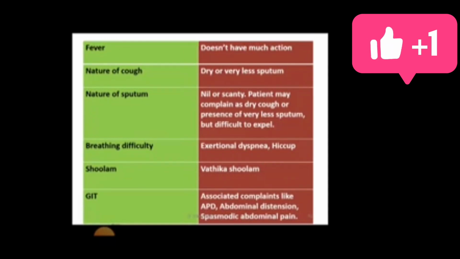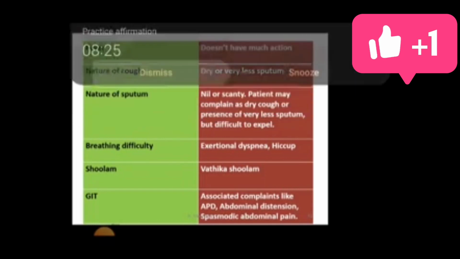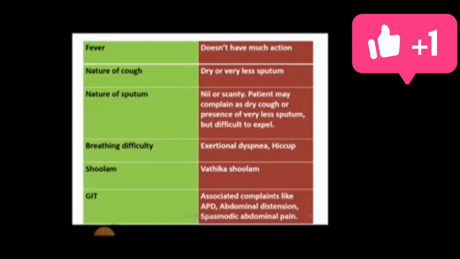So in conditions like aruchi, abdominal distension, spasmodic abdominal pain, etc., this is very effective. If the patient complains of dry cough along with abdominal distension, you can select this Nayopayam. If the patient complains of dry cough along with exertional dyspnea, you can select Vyagriyadi or Nayopayam Kashaya.